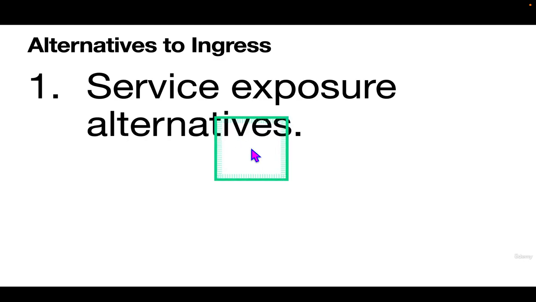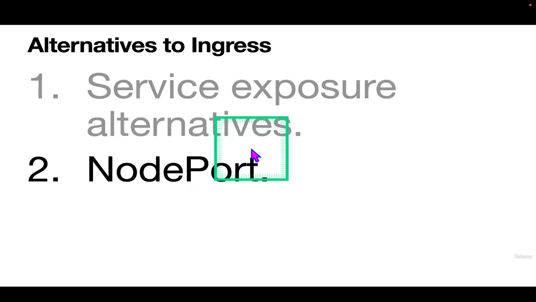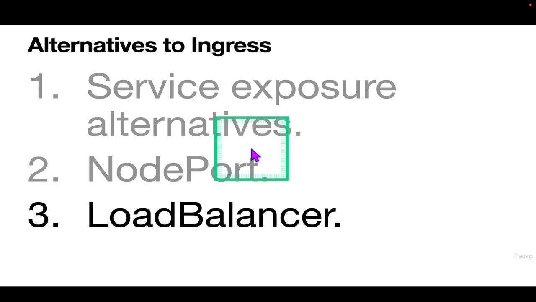Alternatives to Ingress. There are other ways to expose a service in Kubernetes that don't directly involve the Ingress resource. NodePort exposes the service on each node's IP at a static port. A ClusterIP service to which a NodePort service will route is automatically created. LoadBalancer exposes the service externally using a cloud provider's load balancer.